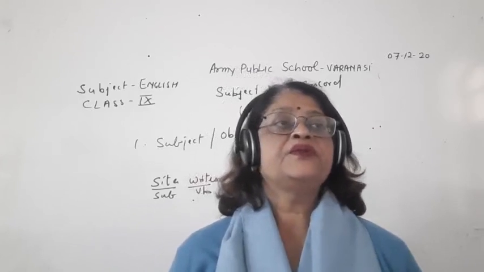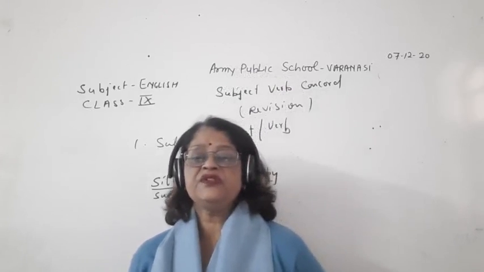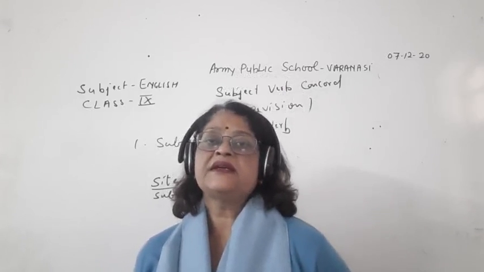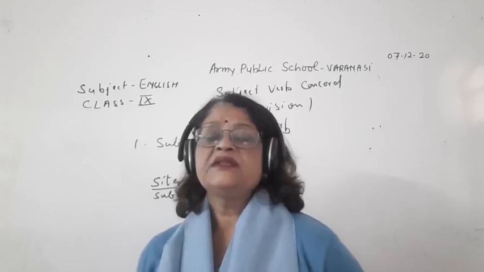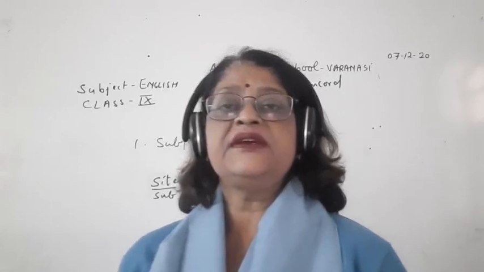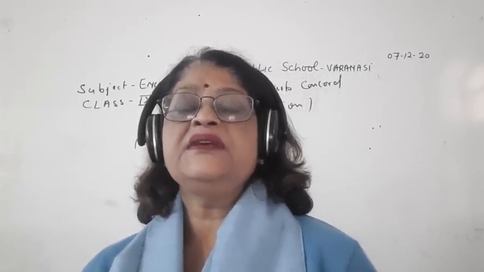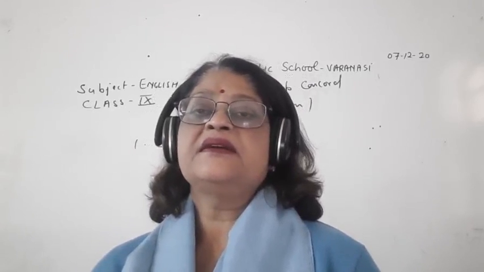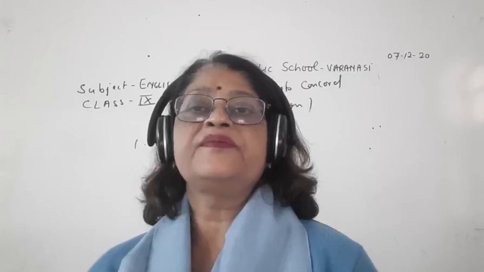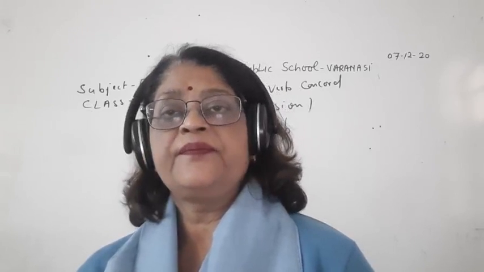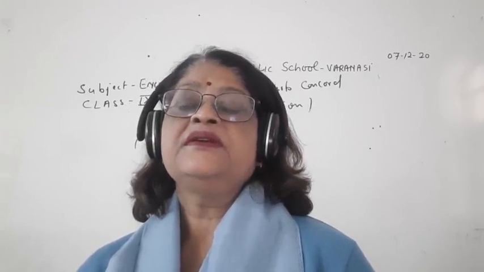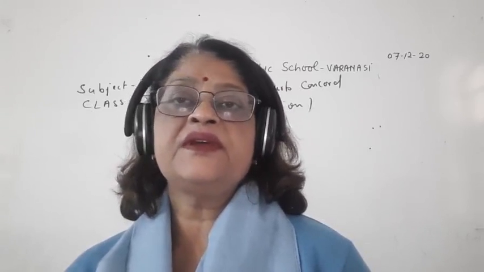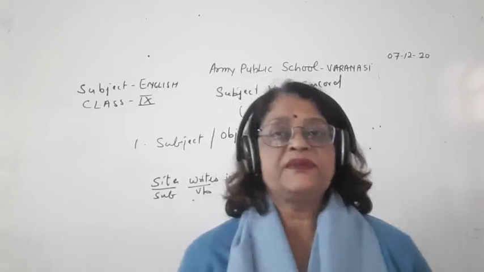So first person is I and we, second person is you and your, third person singular is he, she, it, any name or any singular thing, and third person plural is children, they, them. Now children, it is in the third person singular where a lot of changes take place.